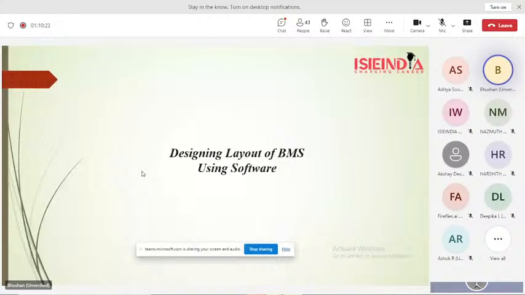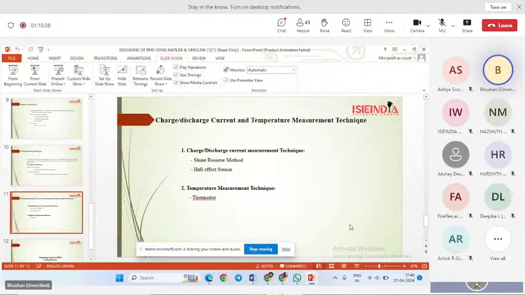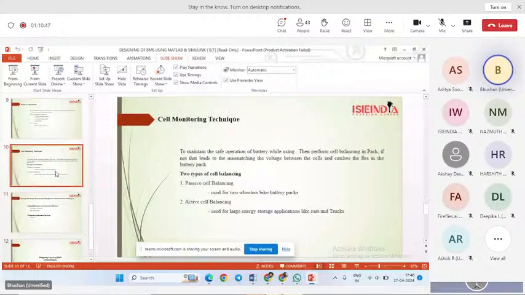The conditions I mentioned before, like the cell monitoring technique and passive cell balancing, I have made simulations for everything, and also designed the entire battery pack based on this. Also, how the state of charge, the SOC, behaves in other systems, I have done in simulations in the course.